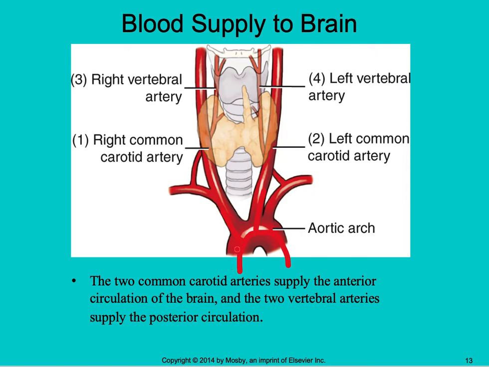Okay, so on your right side, you have a right common carotid that you can see comes up here, and then you've got your right vertebral artery, which comes down because it's bifurcated off of the right common. Your left vertebral, which is here, doesn't bifurcate off of the left common carotid, but we'll get to all of that, okay?